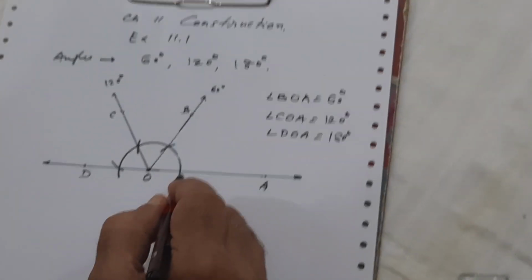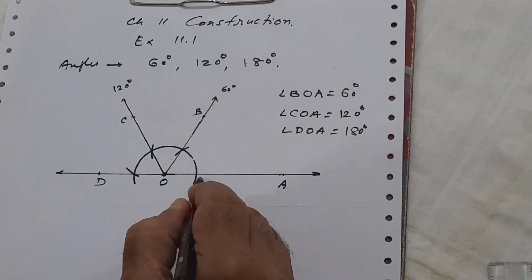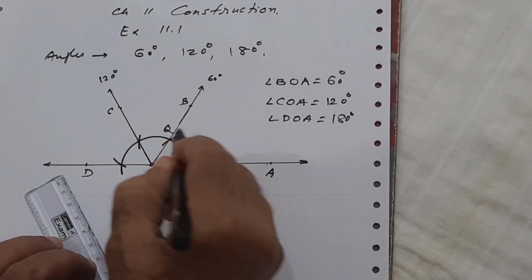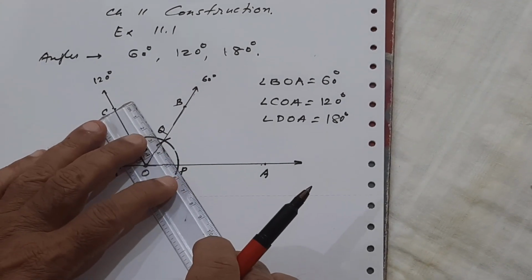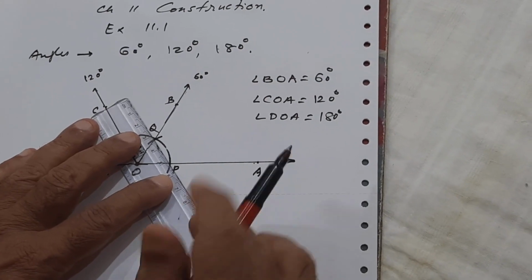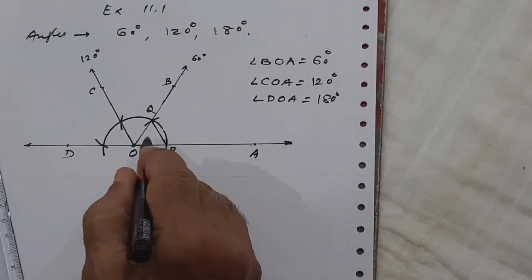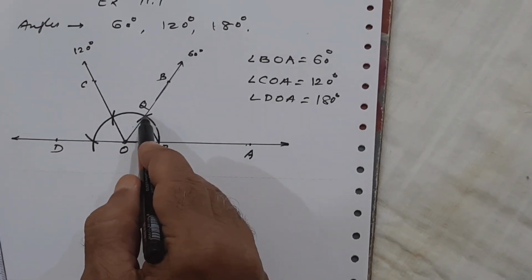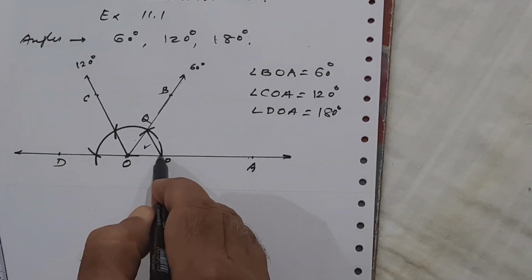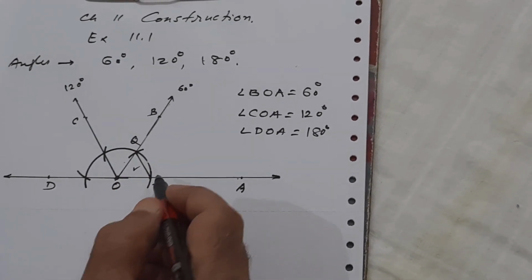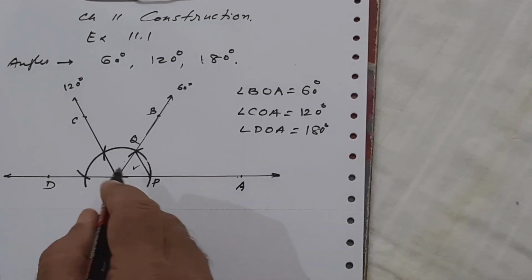If we take this point as P and this point as Q, if I join PQ, then you will see that triangle QOP is an equilateral triangle. So you know that all the angles of an equilateral triangle are 60 degree. Each angle is 60 degree.